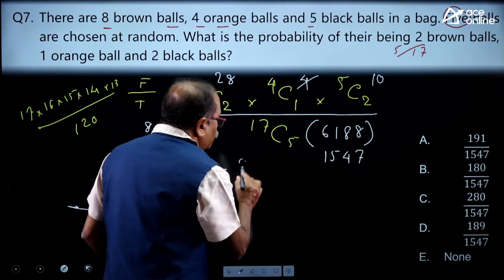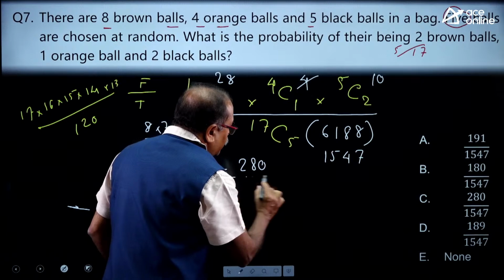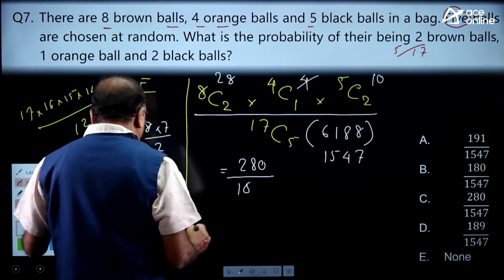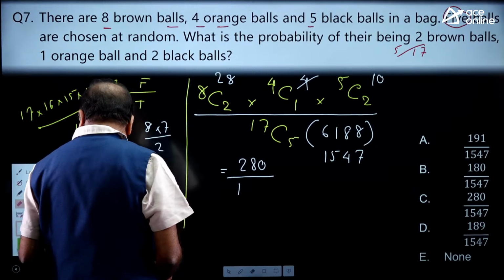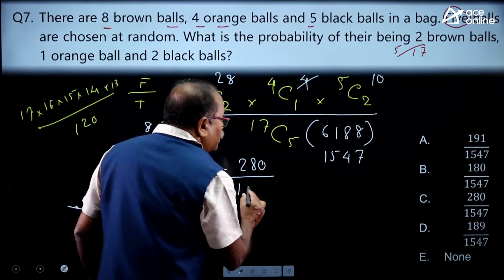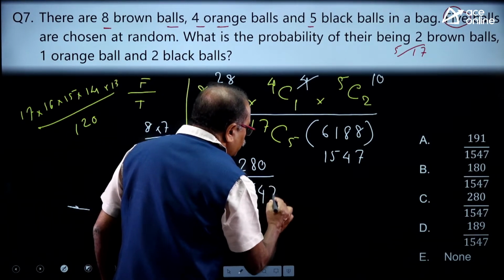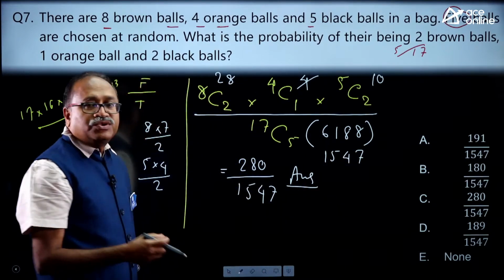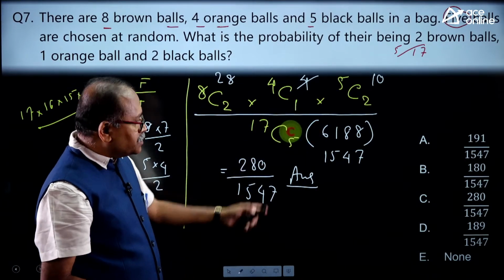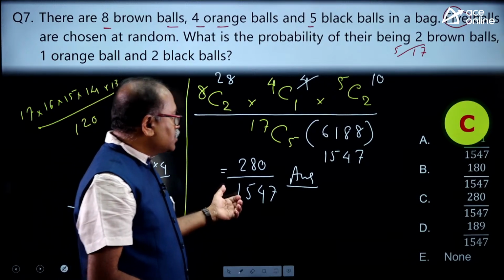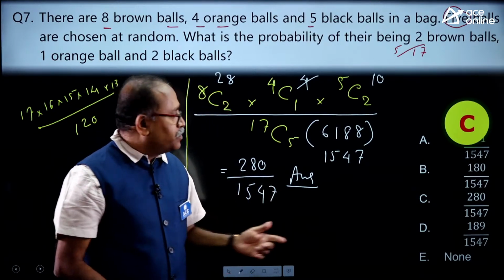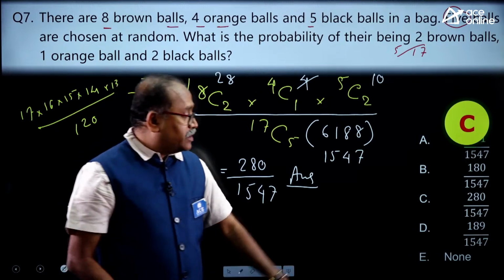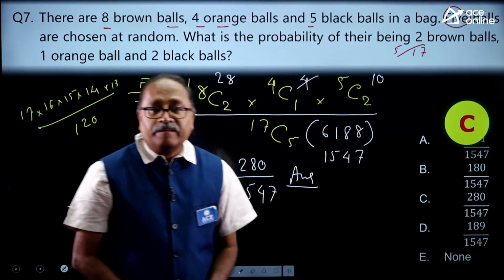That is 280 by 1547 should be your answer. What is your option? I notice that option choice is B. Let me check option C. It says yes, it is option C, 280, not 180. It's 280 by 1547.